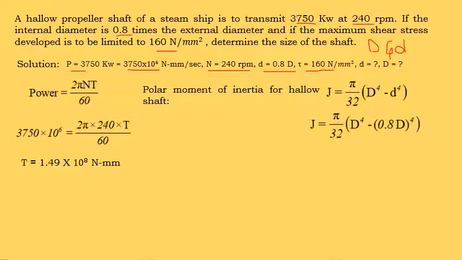The relation between outer and inner diameter is given, therefore in place of small d we are substituting 0.8 times capital D. After simplifying this, we got the relation between polar moment of inertia and the outer diameter of the shaft, that is J is equal to 0.057 times D to the power of 4.